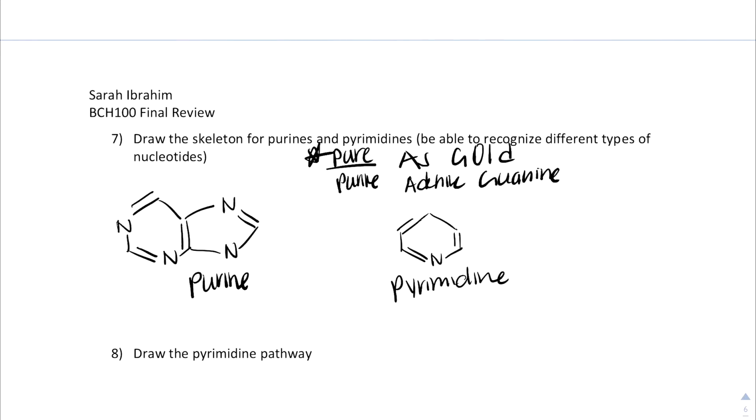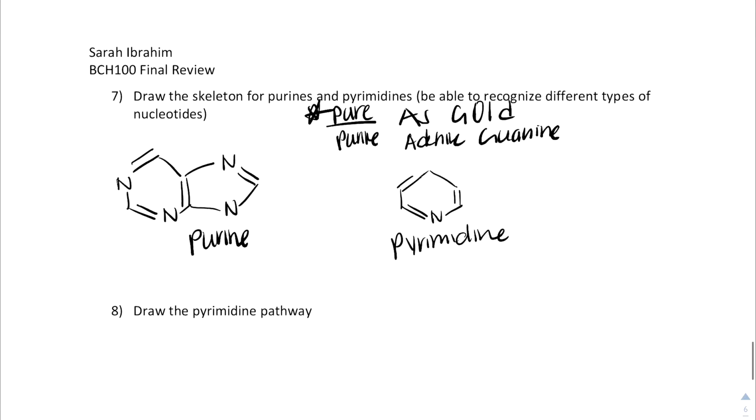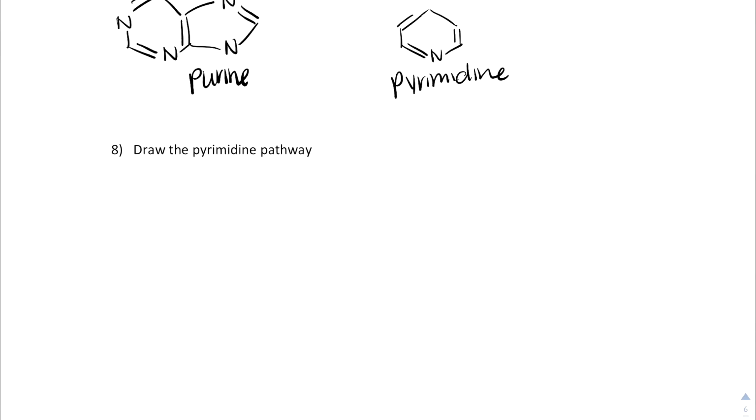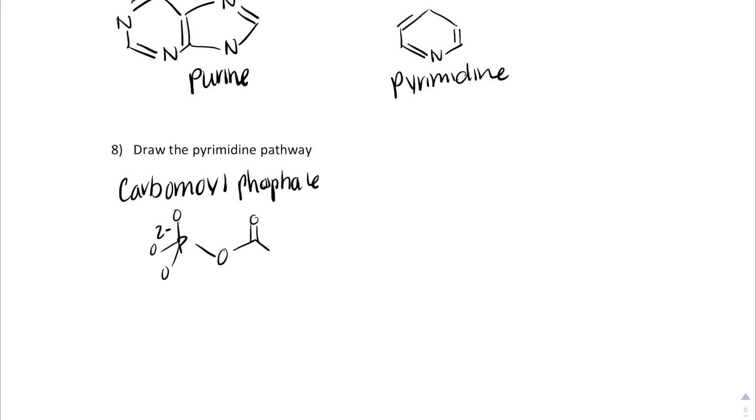So for the pyrimidine pathway, you begin with carbamoyl phosphate. Okay, so I'm going to draw the structure for this just so it's easier to explain. So there's 2 shared electrons, there's a phosphate in the middle. Okay.